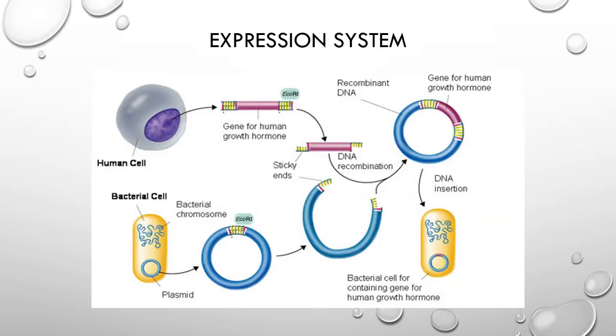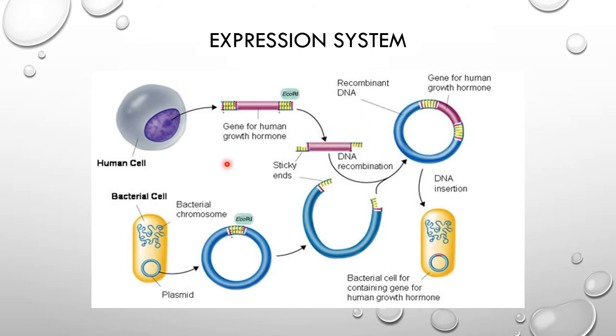What is the expression system? You can see a human cell from which we isolate a gene for human growth hormone, and there is a restriction enzyme called EcoR1 which cuts the gene at a specific site.